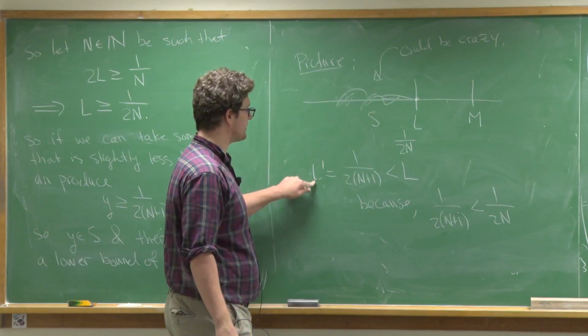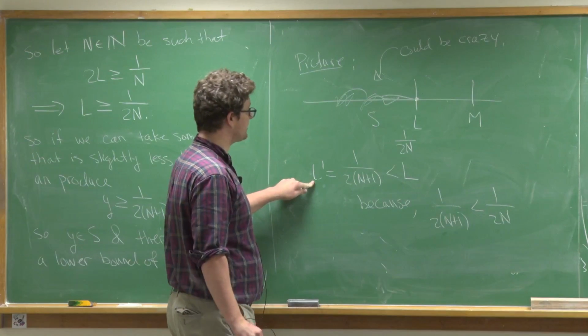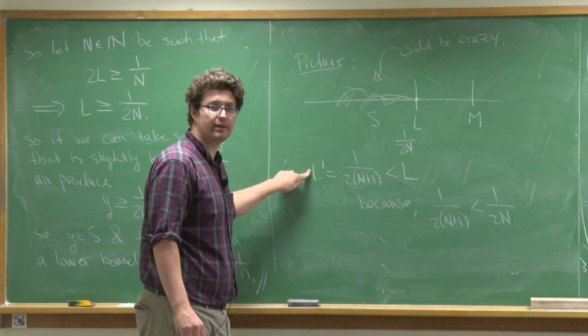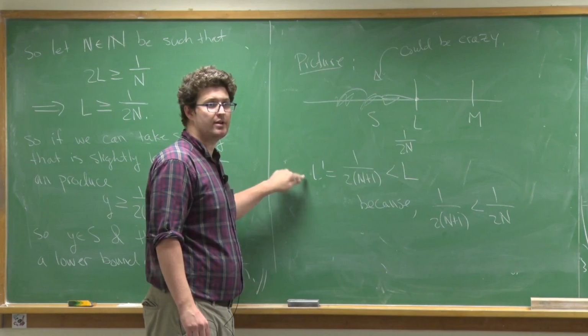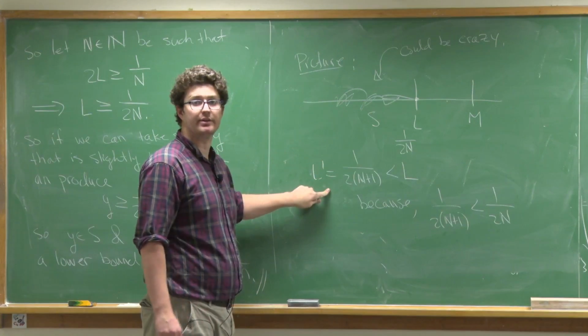And so since it's a least upper bound, by the definition of least upper bound, there must exist, this is no longer an upper bound, meaning that there exists some element in here that is bigger than this one.